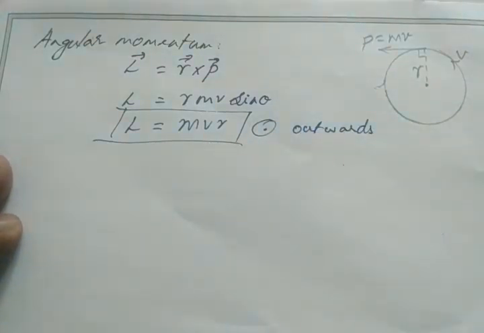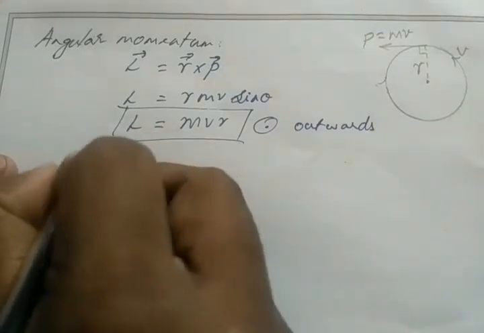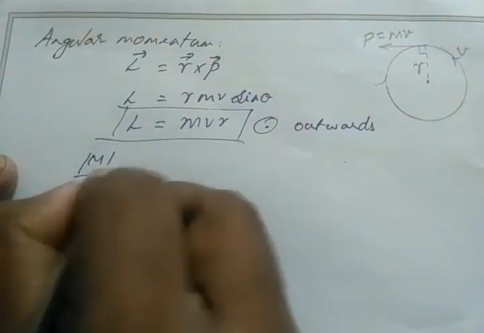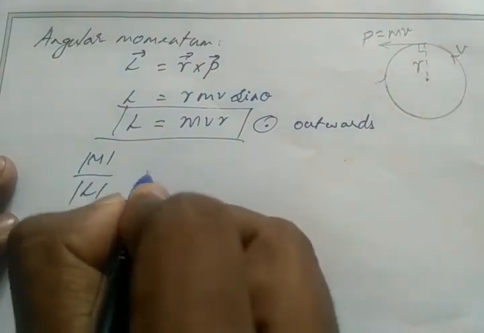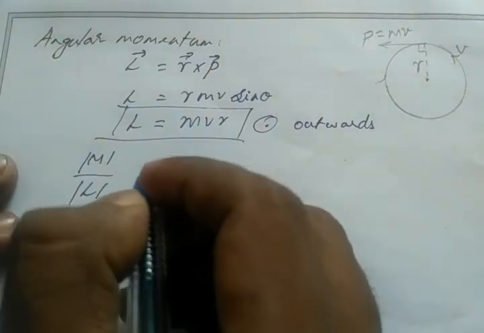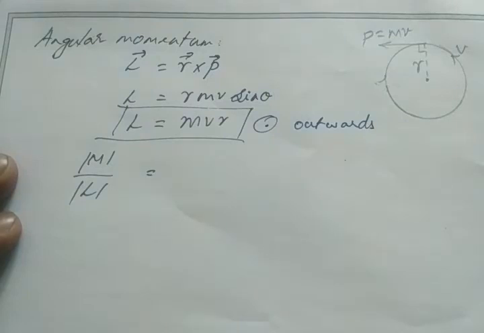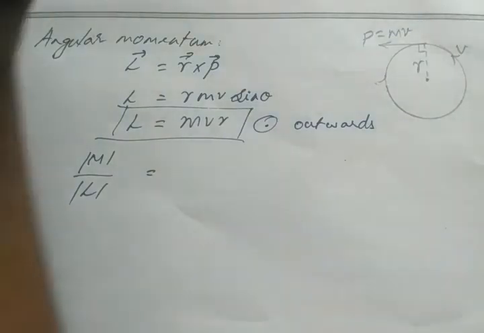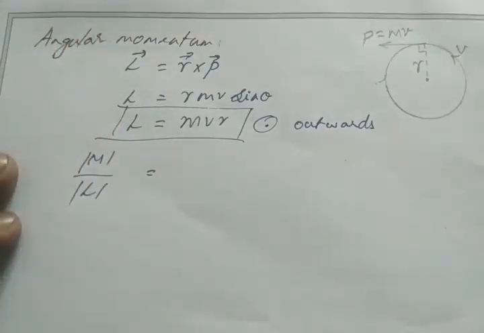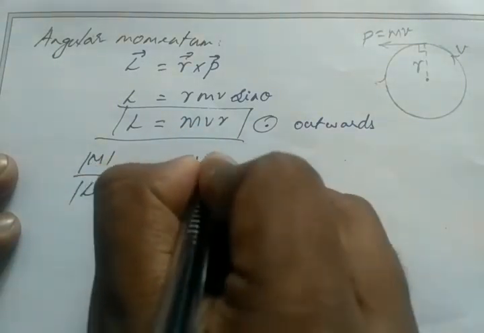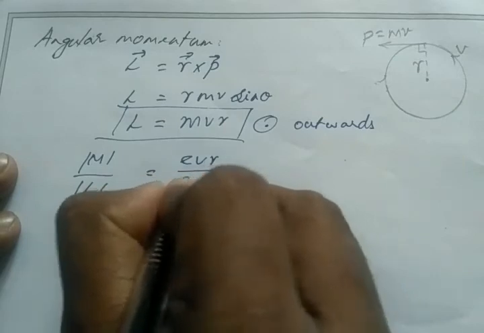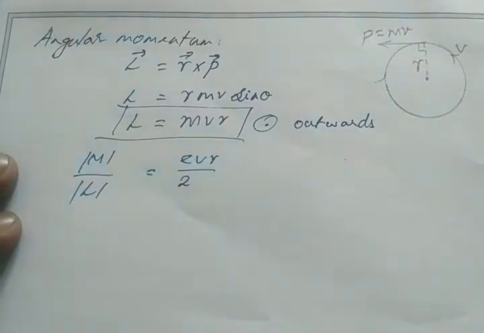Okay, here we have one important ratio, that is M by L ratio, very much important. What is M? We know M equal to IA, which we found as M equal to eVr by 2, right? In the previous equation we found M equal to eVr by 2, the magnetic moment of electron.